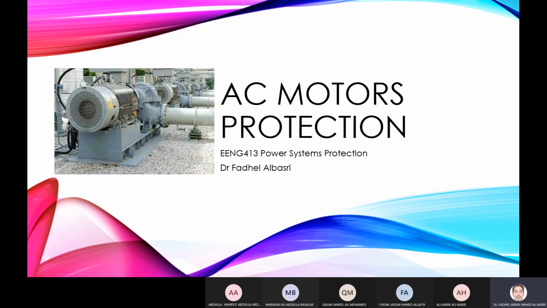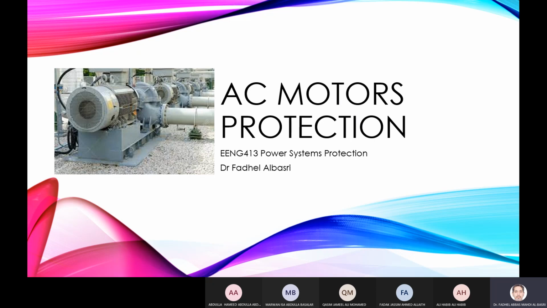So far I have covered a few types of protection principles: the overcurrent protection, directional overcurrent protection, or directional power, reverse power protection.